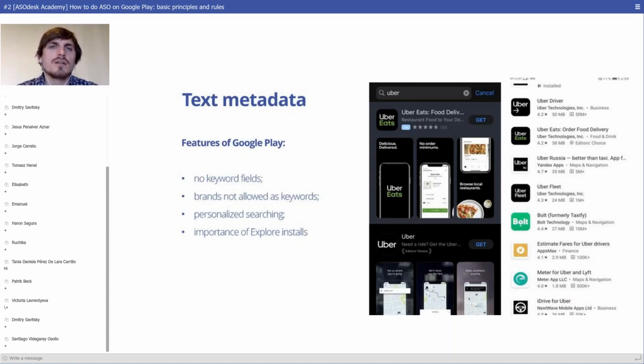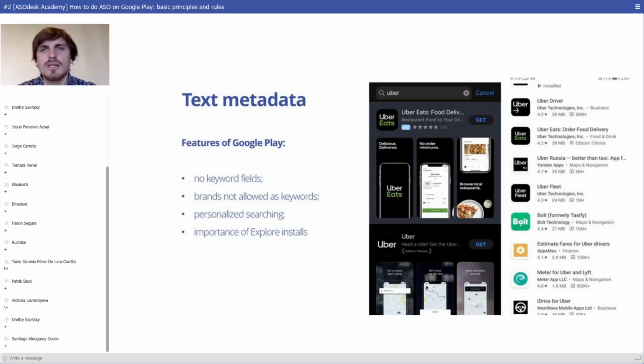So this process sometimes takes 24 hours or even more. It depends on the rapidity of answers from the Google Play support team. So imagine your app being removed for some 24-30 hours for usage of branded keywords.